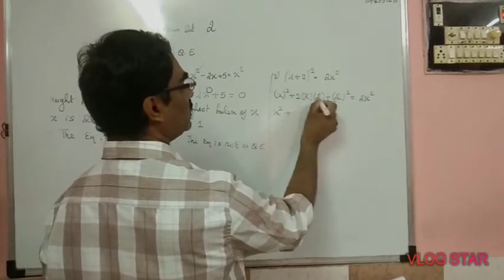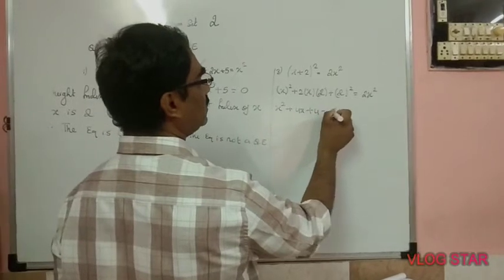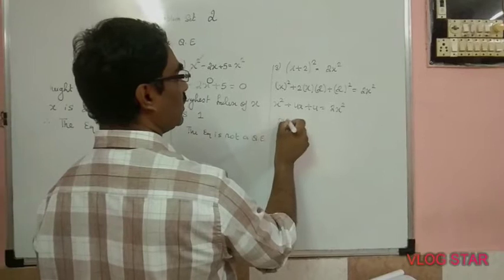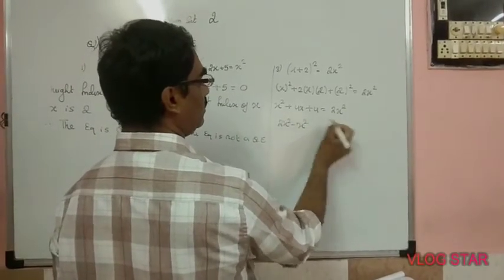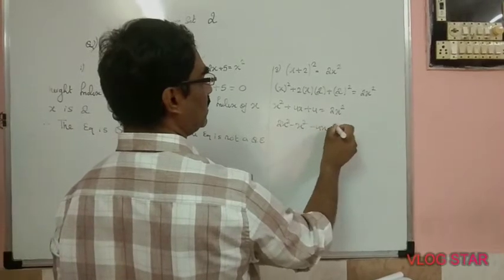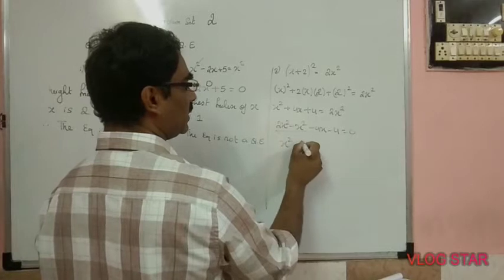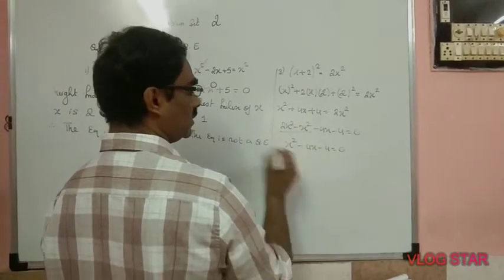X square, 2 2s are 4x plus 4 is equal to 2x square. Take that side. 2x square minus x square minus 4x minus 4 is equal to 0. Minus करो. X square minus 4x minus 4 is equal to 0.